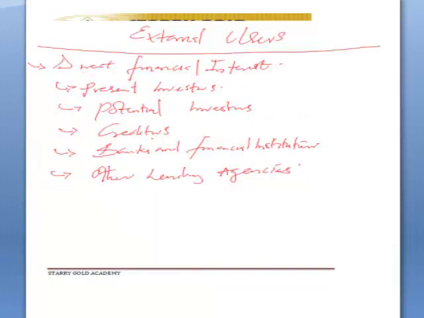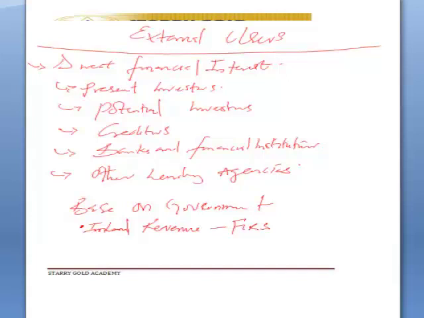Then external users based on government. Government is an external user. Okay, and this year we'll talk about the inland revenue services. In Nigeria here, we will call it the FIRS, Federal Inland Revenue Service.